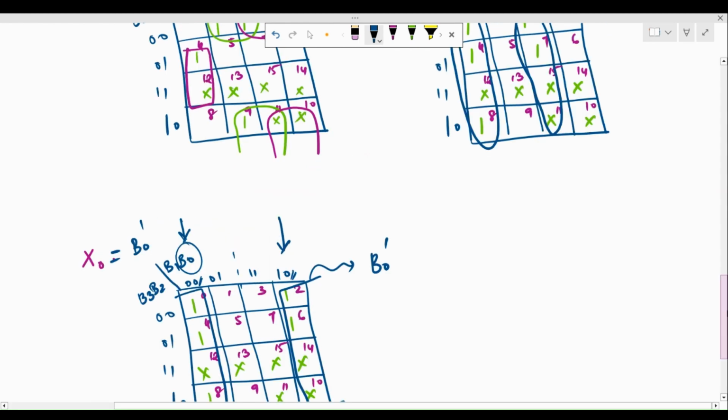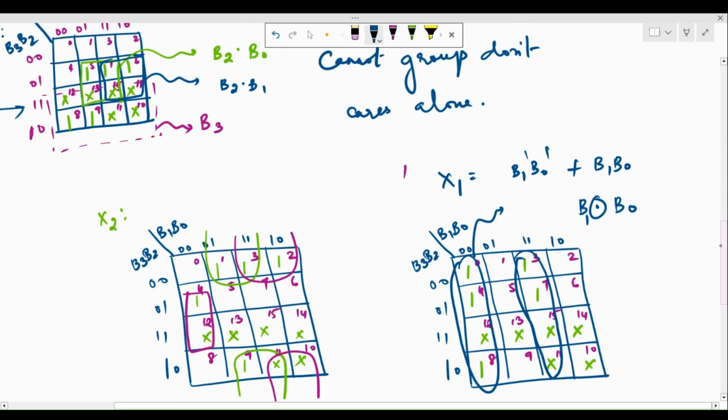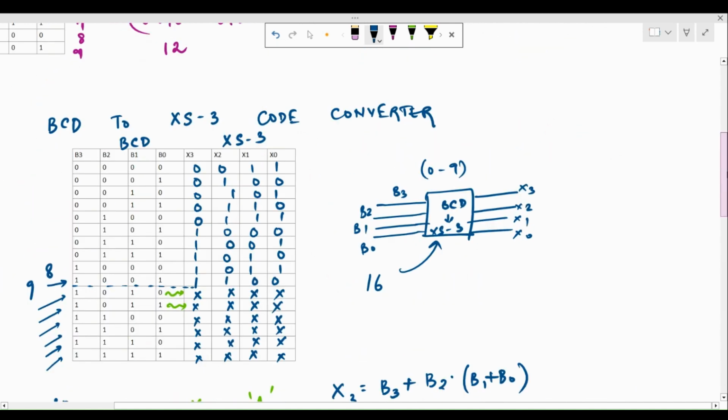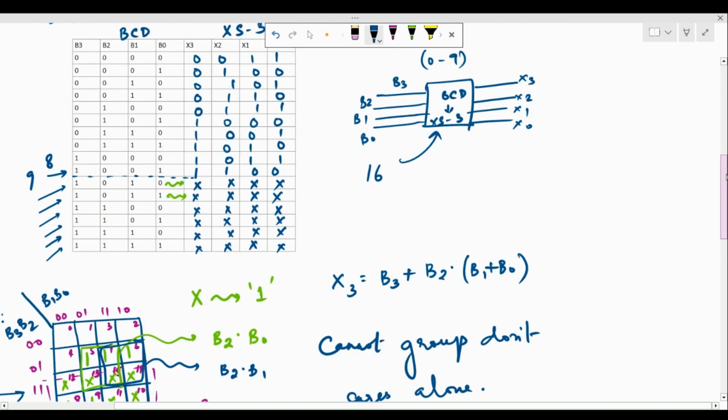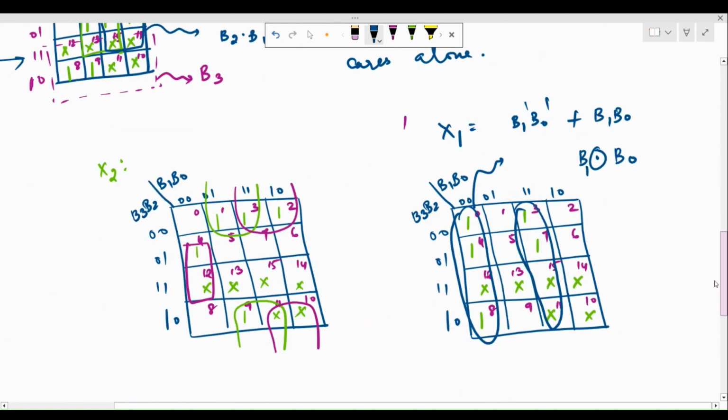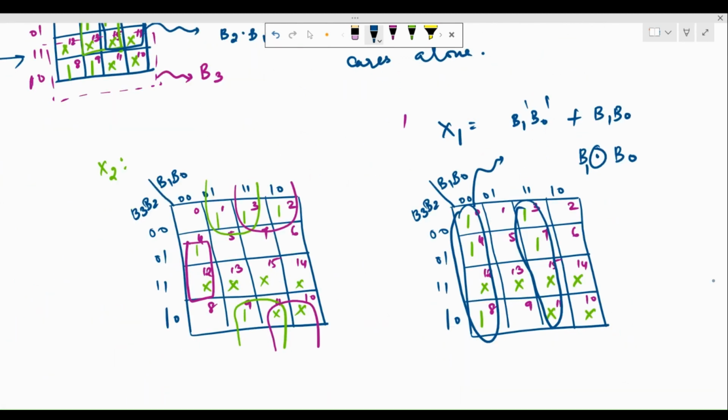So this is how we can find out the expression for all the 4 bits of the XS3 code, and then we can implement it using logical gates, right? So that when we have inputs given in the BCD form, we'll actually get outputs in the XS3 form.